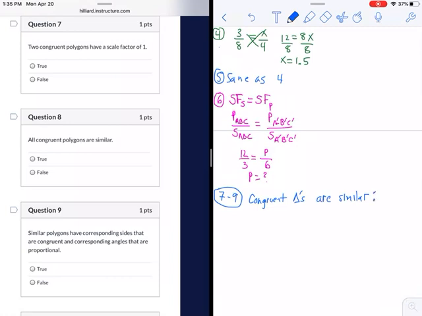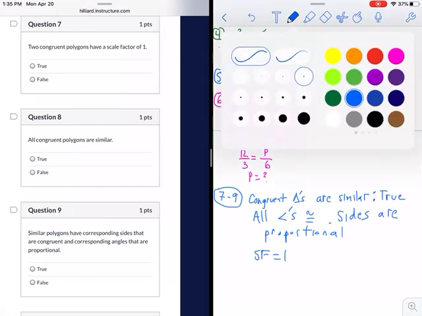That's a fact. That's true. And you can think about it why. All angles are congruent, and sides are still proportional. Alright, sides are proportional. Now, what's the scale factor? The scale factor in this case is 1.